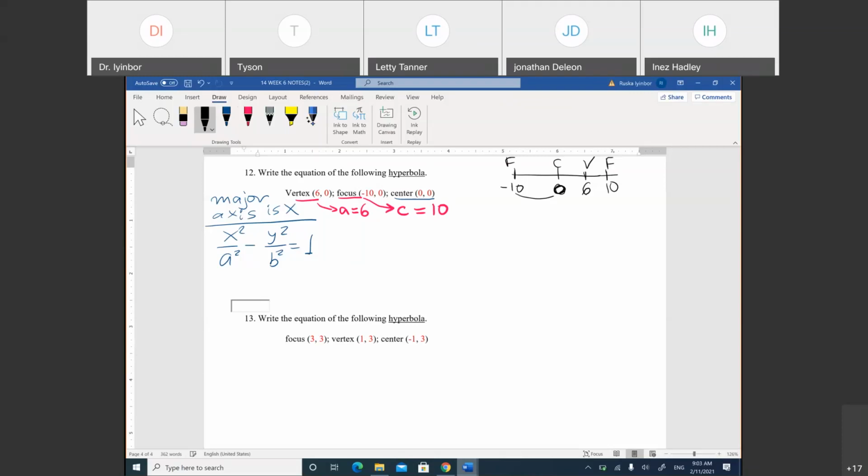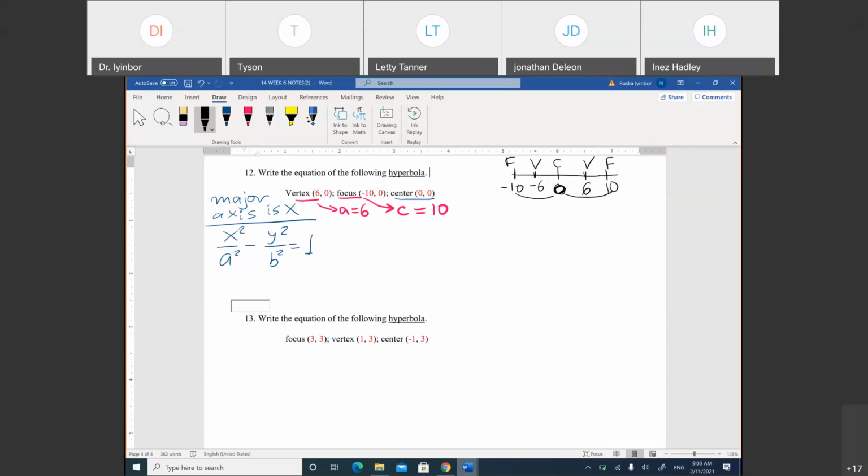There's a vertex at 6, but there's another vertex at -6, right? So this is how the picture looks like. We have center, we have two vertices with two opposite sides, 6 and -6, and you have two focuses at 10 and -10, right? So the distance from the center are always positive numbers, okay? So remember, A, B, C are always positive.